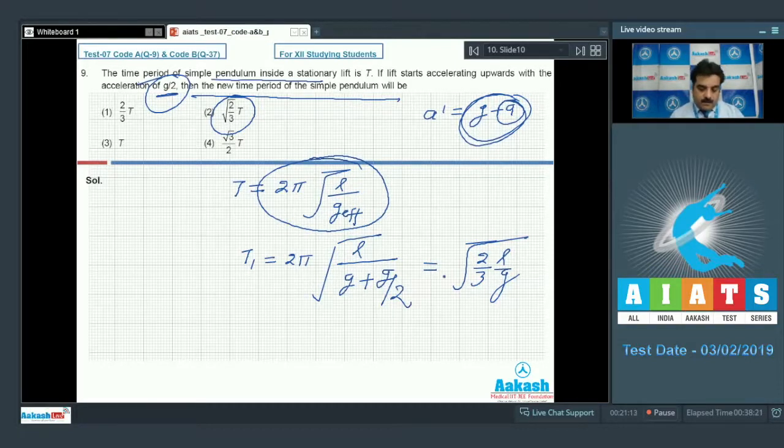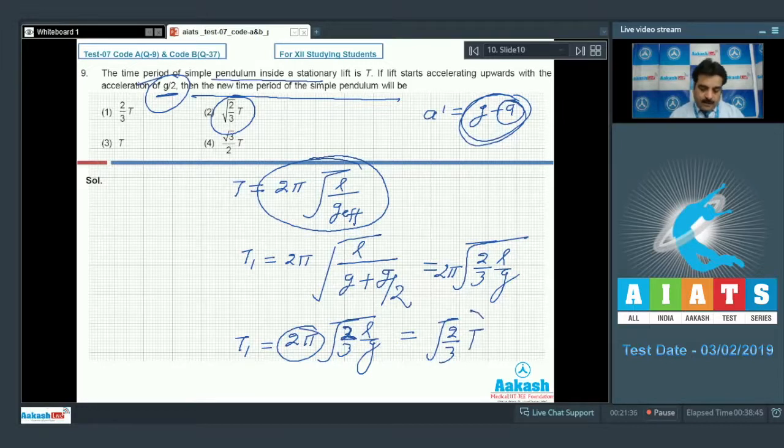So first I will write T1 is equal to 2 pi root of 2 by 3 L by g. So root 2 by 3 will be the external part. So I can write like that root 2 by 3, and in place of 2 pi root L by g you will write only T. So the final answer will be root 2 by 3 into capital T. Right? So my option number 2 will be the right choice.